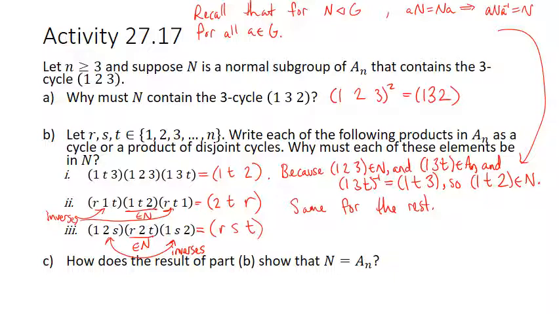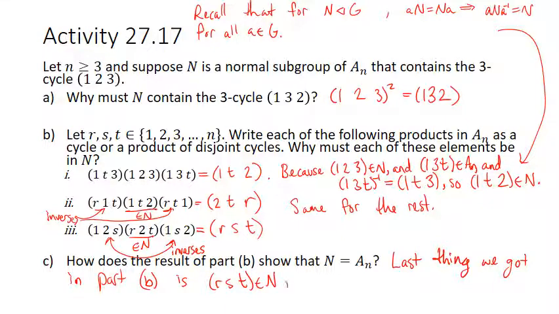And then part C, how does the result of part B show that N equals AN? So look at the very last thing that we got in part B. The last thing we got in part B is that RST is in N, and those are just some random elements, they could have been anything out of 1, 2, 3, up to n.